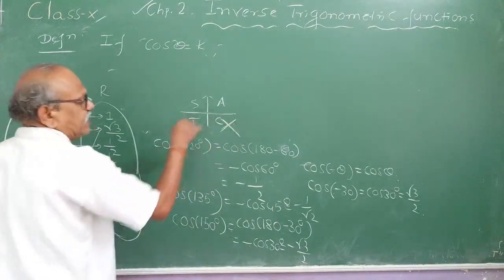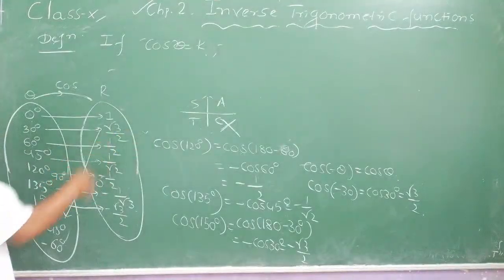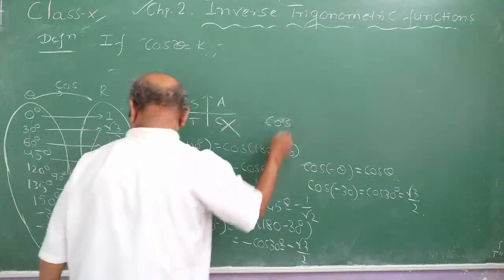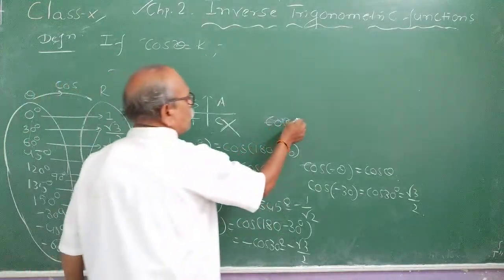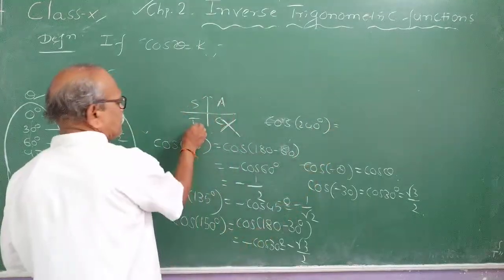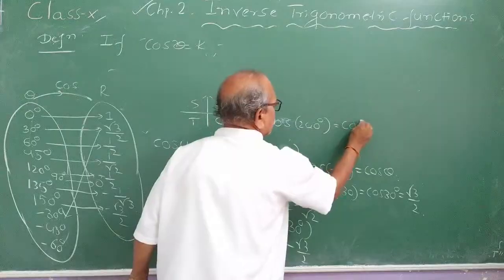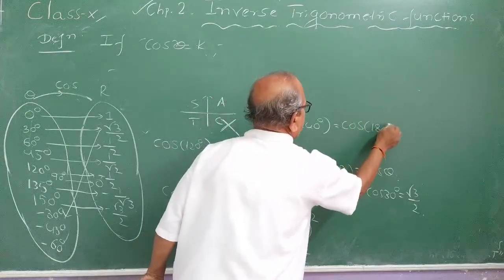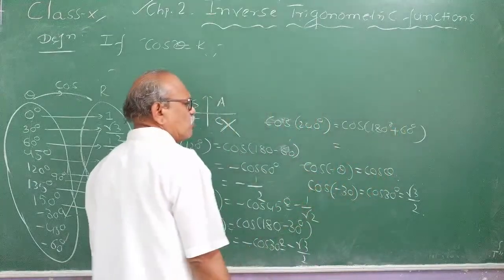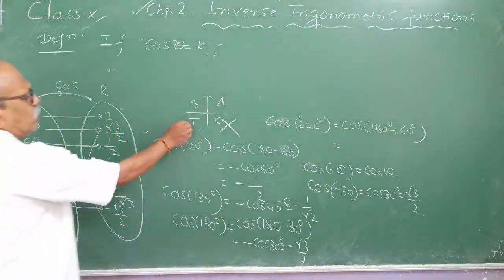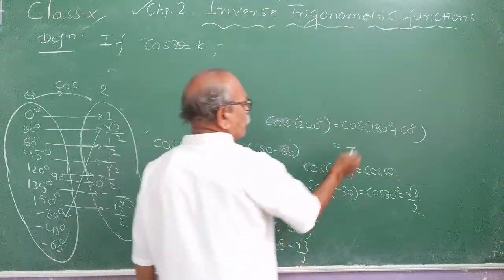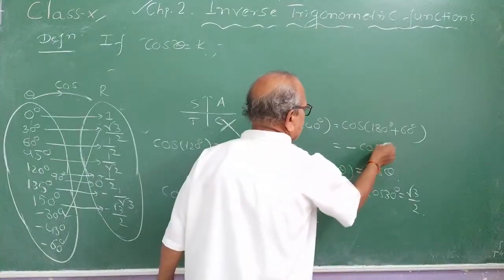Therefore, this is the LOC. And let me take another example. Cos 240 degree, where 240 degree comes in the third quadrant. You can write it as cos of 180 degree plus 60 degree. Observe, it comes in the third quadrant. In the third quadrant, except for tan and cot, the rest are negative, so you will get a minus value. And you will get cos 60 only.